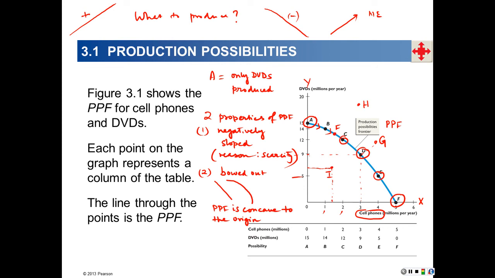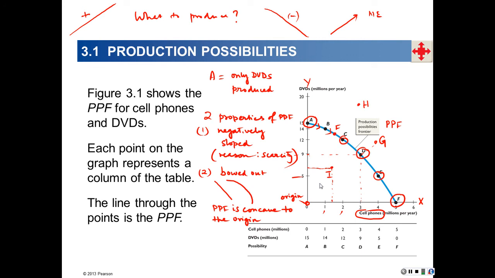Now what's the origin of this graph? This point here, right? This here is the origin of the graph. Now, if you were standing at the origin and looking out at the PPF, what would the curve look like? It would look concave to you. Do you know the meaning of the word concave?